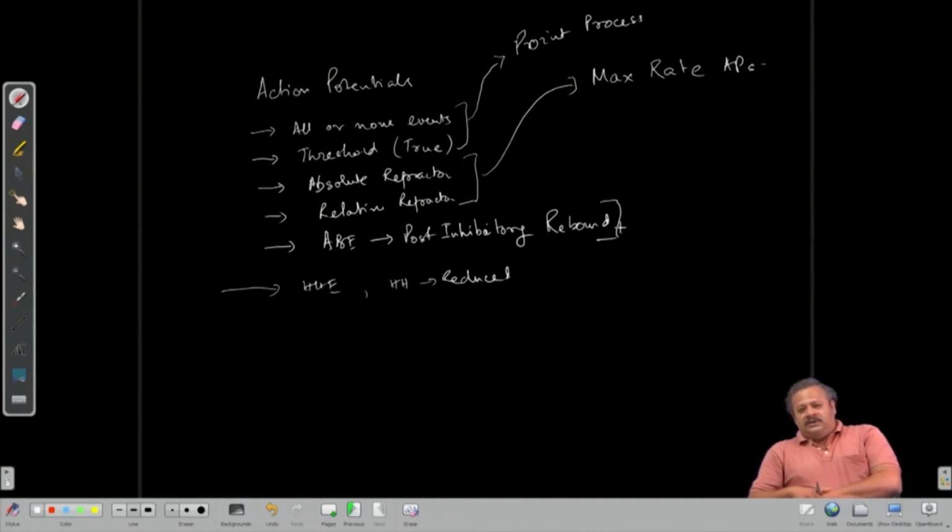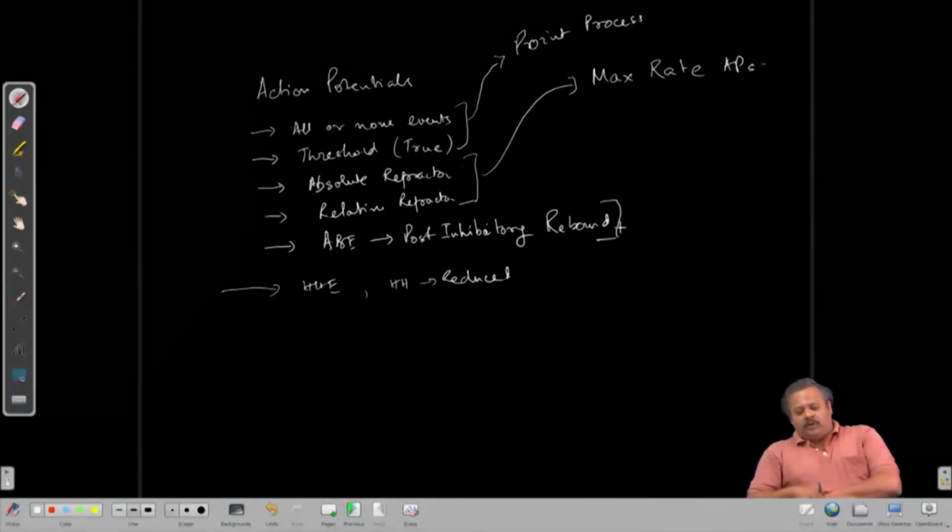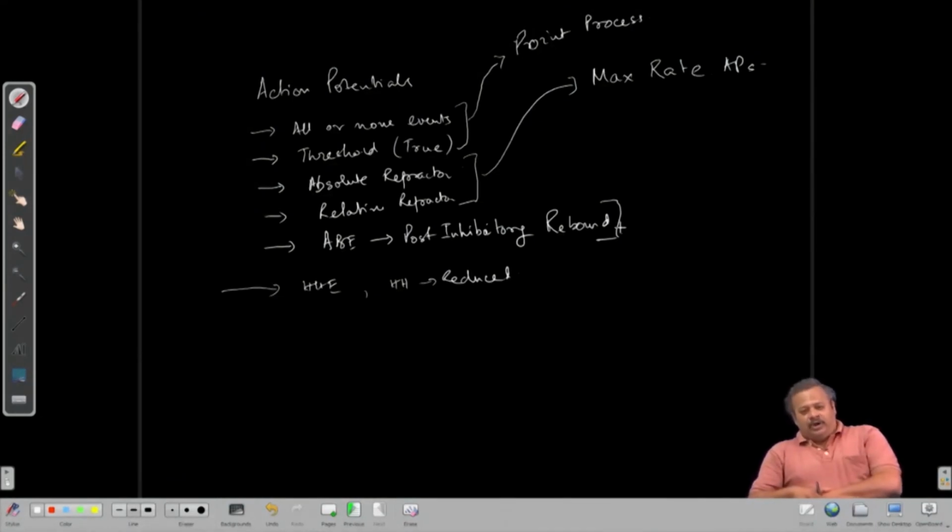So, if the generation of action potential process is not crucial in terms of the questions that we are understanding, and if the exact timing of the action potentials are not as important for the questions that we are trying to answer with our modeling, we can reduce the Hodgkin-Huxley equations to much simpler point models of neurons.